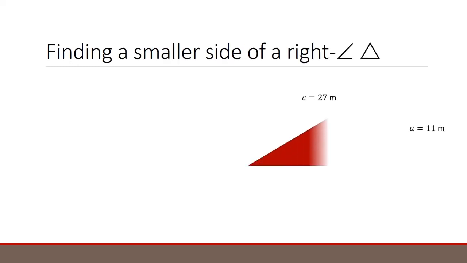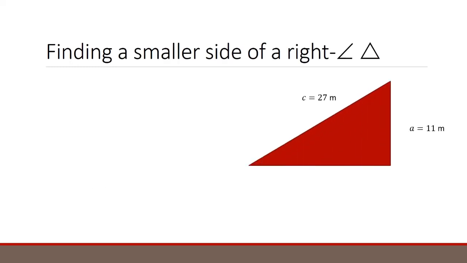Well, what we can do is find a smaller side of a right-angled triangle. In this case, we're given the hypotenuse, c, equals 27 metres, and the shortest side, a, equals 11 metres. We know that c squared equals a squared plus b squared from Pythagoras theorem.